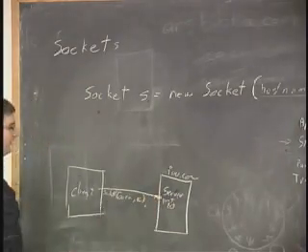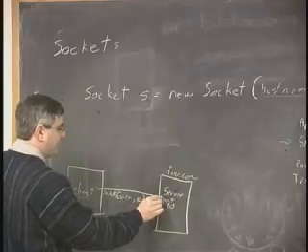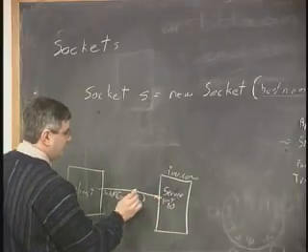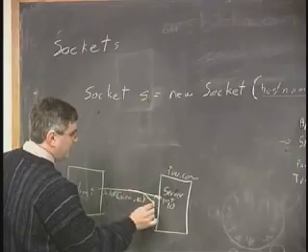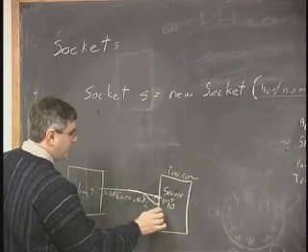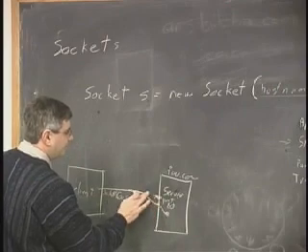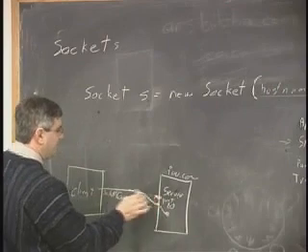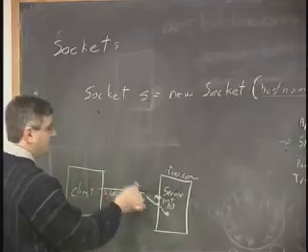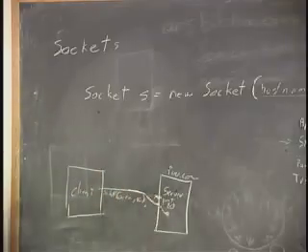So what this is really going to do is, as soon as it gets this connection, it's going to take the end of this guy and make another connection here, we'll see, and start talking over this. And now port 80 is going to be free to accept more sockets.